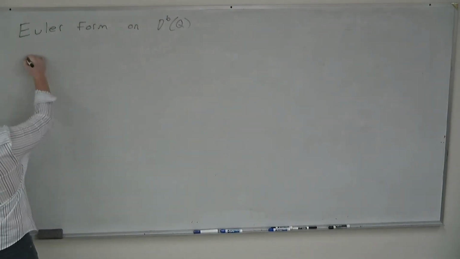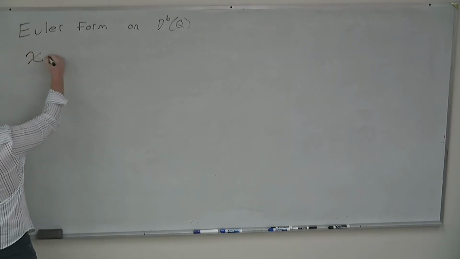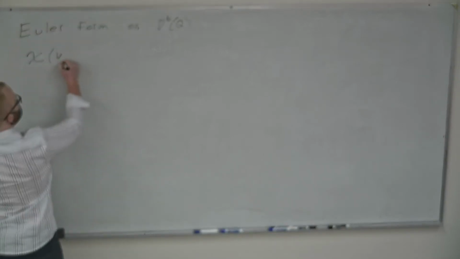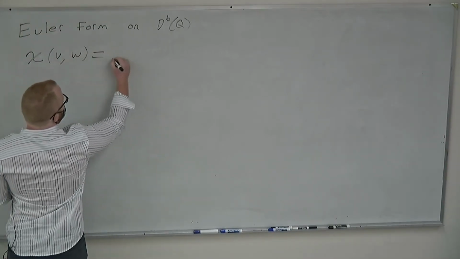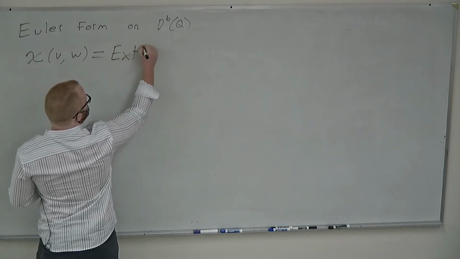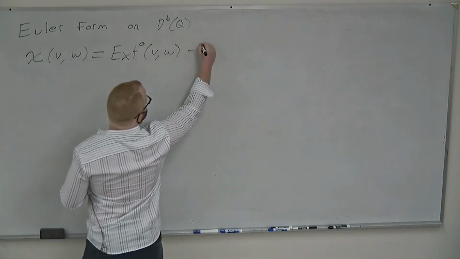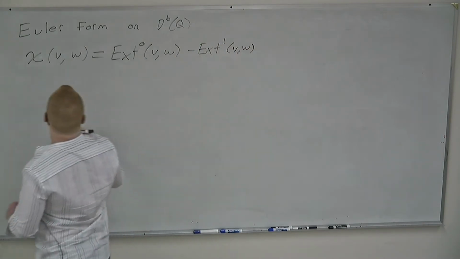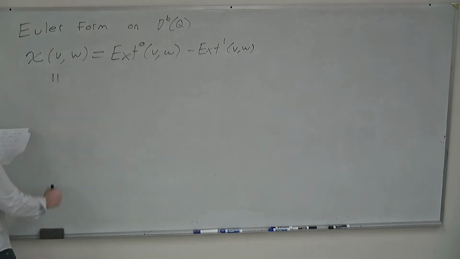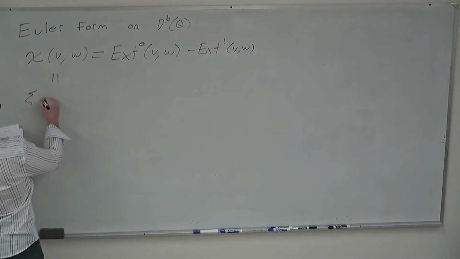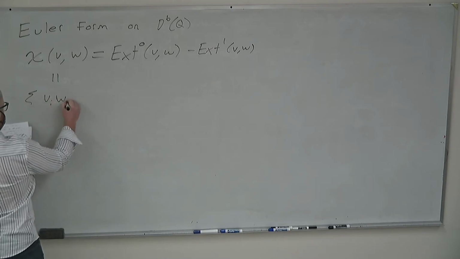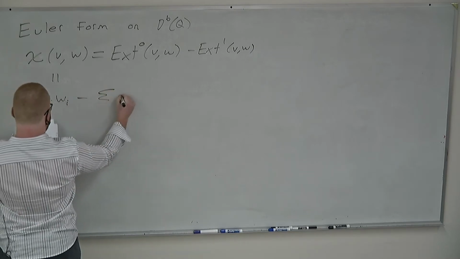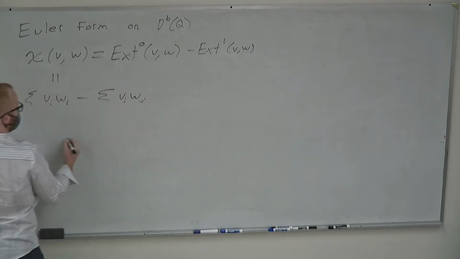The Euler form on D^b of the quiver: if I have two representations, say V and W, we get the Ext^0 of V, W minus the Ext^1 of V, W. But we can also think of this as the sum of v_i w_i minus the sum over arrows of v_i w_j.